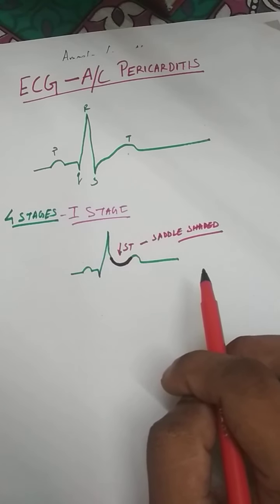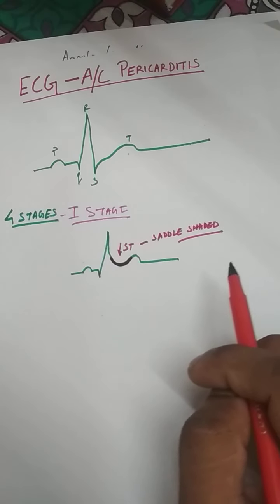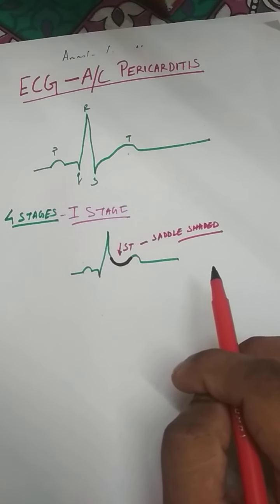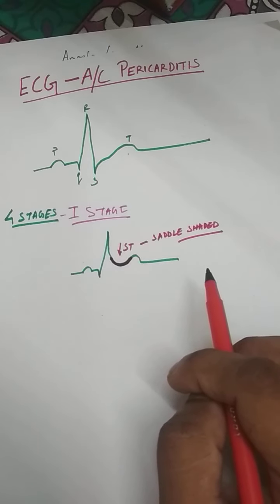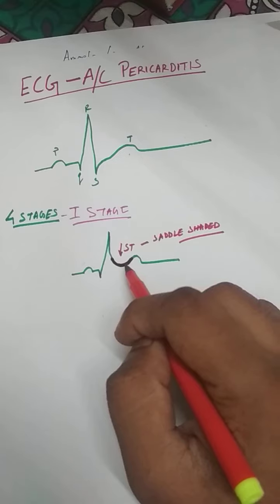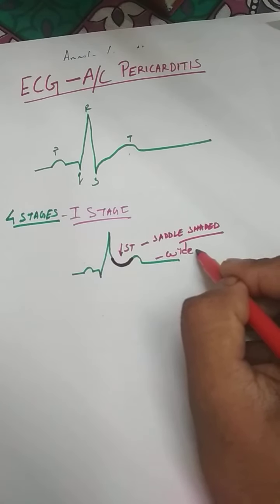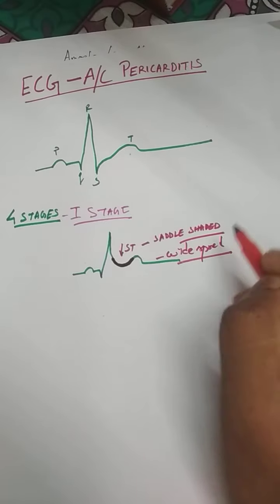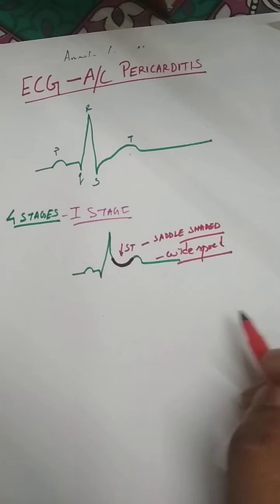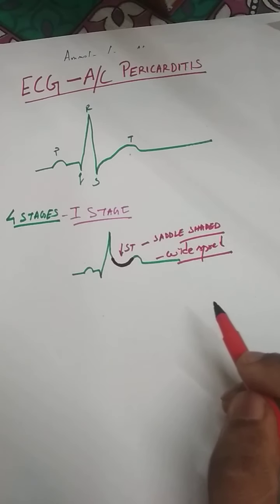The ST segment elevation would be seen in 2 to 3 limb leads and in almost all the chest leads. So not only is there ST segment elevation with upward concavity, but it is widespread, involving almost all the leads, 2 to 3 limb leads, and the leads V2 to V6.